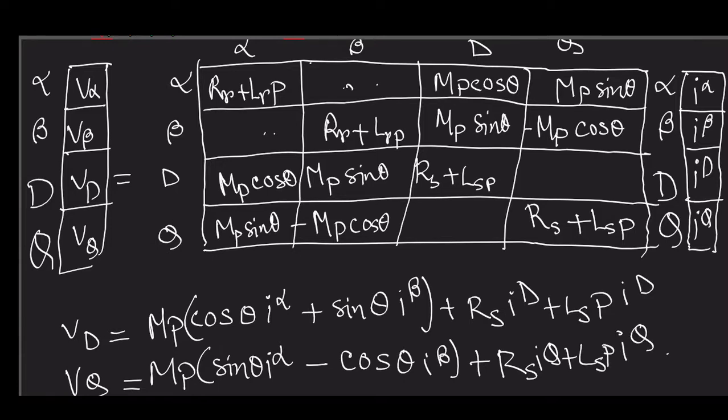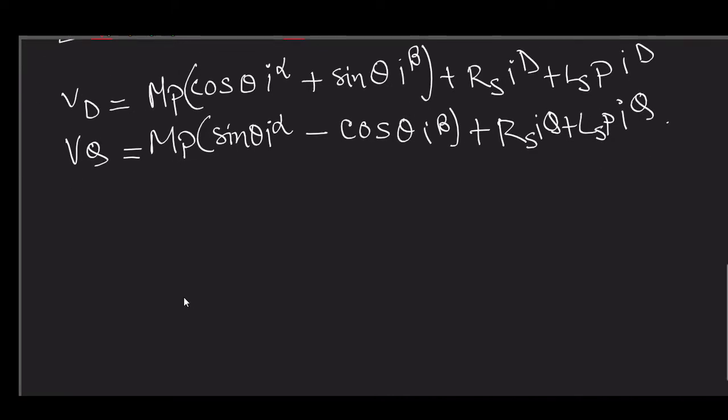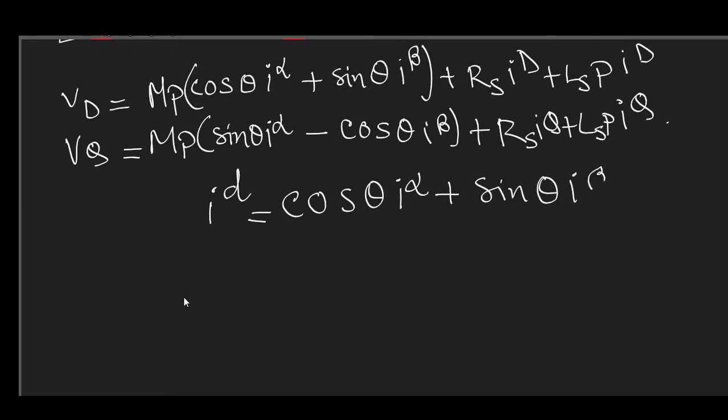Now we can introduce a new form of variable, like this one: small id is equal to cos theta I alpha plus sin theta I beta, and small iq is equal to sin theta I alpha minus cos theta I beta.